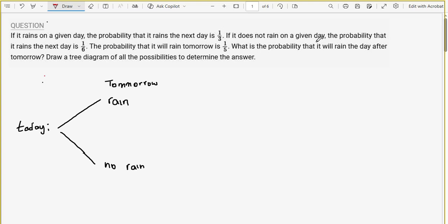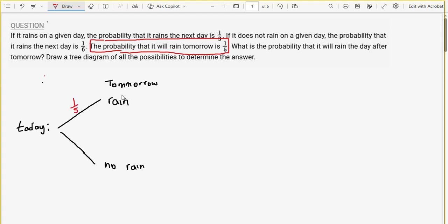If it does not rain on a given day, the probability that it rains the next day is 1/6. Now, the probability that it will rain tomorrow is 1/5, meaning that for tomorrow, the probability is 1/5. You understand?